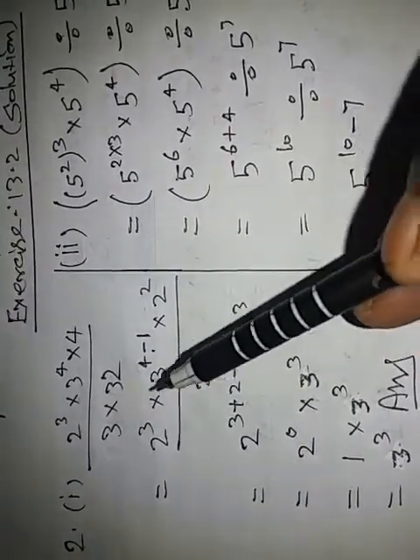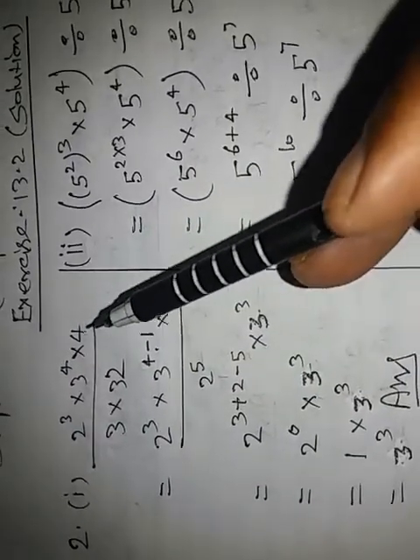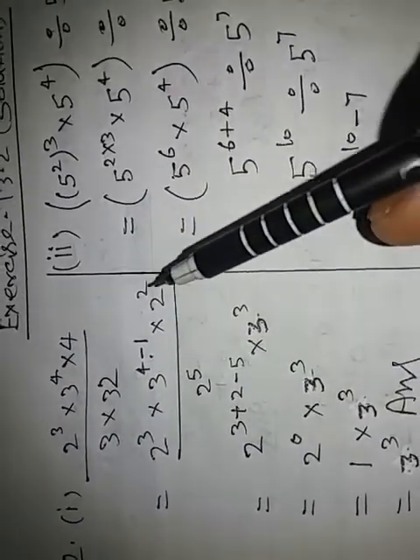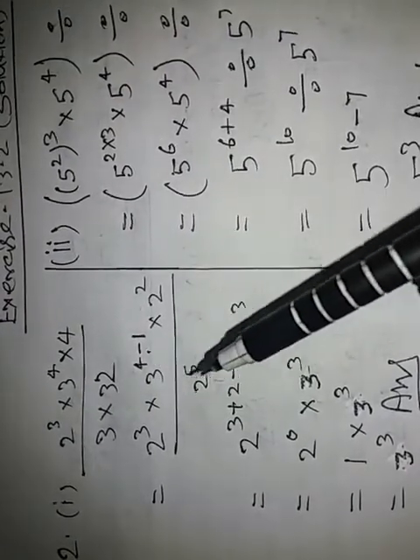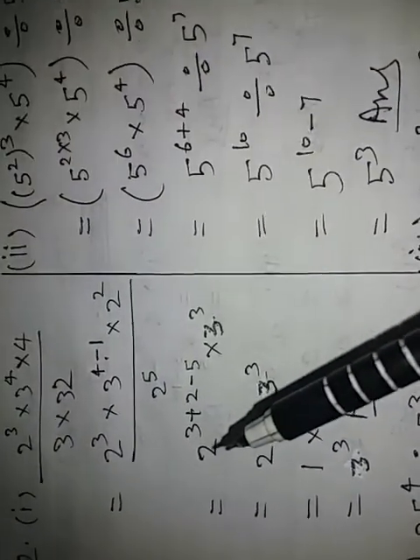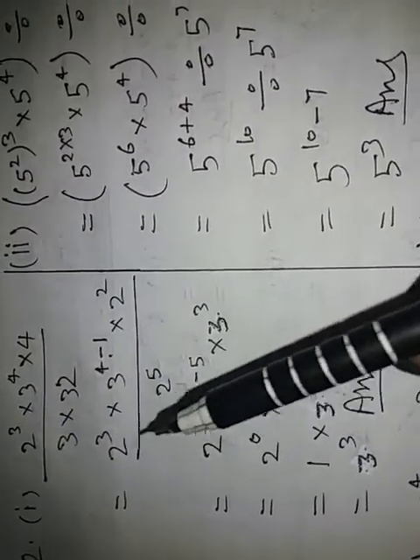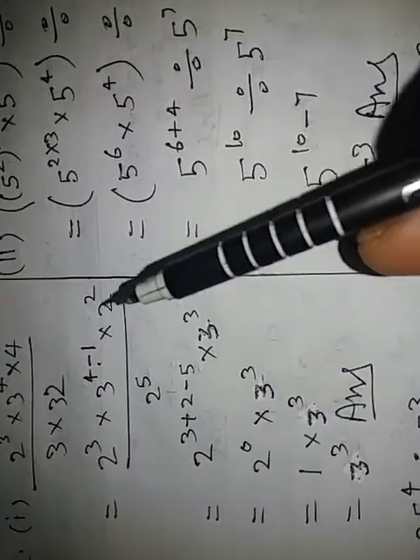2 to the power 3 into 3 to the power 4 minus 1 into, we can write 4 as 2 to the power 2 upon 32. We can write 32 as 2 to the power 5. This is equal to 2 to the power 3 plus 2.